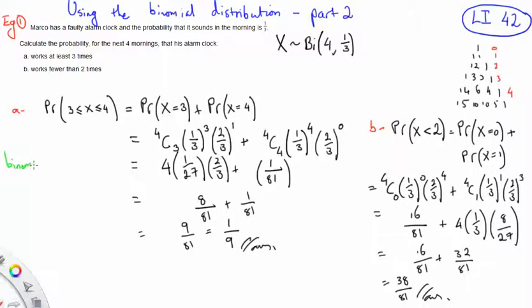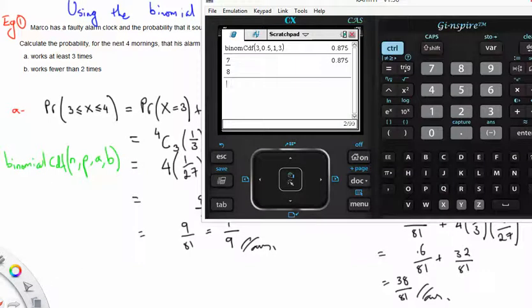So what you do is you write binomial CDF. The first argument is the number of trials, the second argument is probability of success. The third and fourth arguments are the range. So the range here is from 3 to 4. So if we write all this information, we should get 1/9.